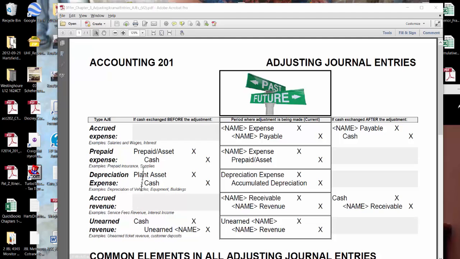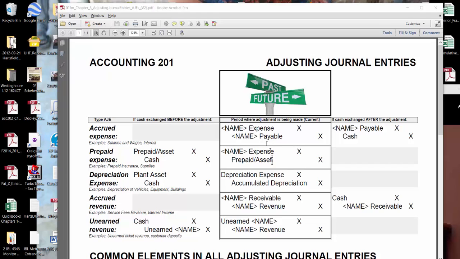Prepaid expenses are expenses that have been paid for before being used. If we're in this current period right here with our street signs, we are in the period where we're having to make adjusting entries. In a prepaid situation, we've already paid for the item ahead of time. Now we have to reflect it as being used up and turning into an expense.